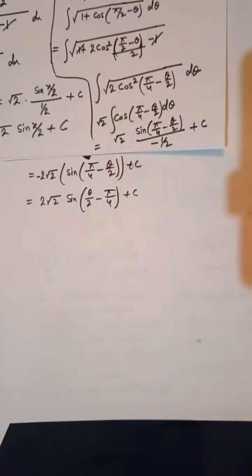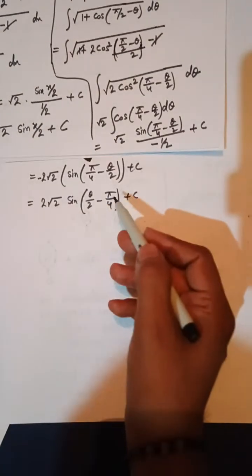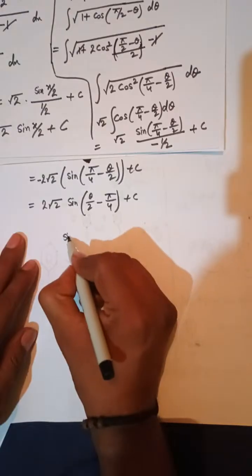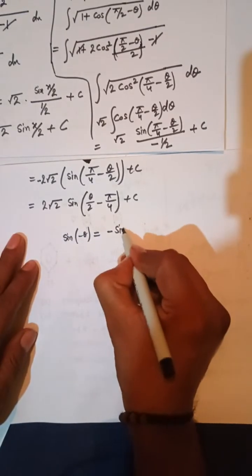If you have any kind of doubt, you can just ask me. Why have I written theta by 2 minus pi by 4? Because we know that sine of minus theta is minus sine theta.